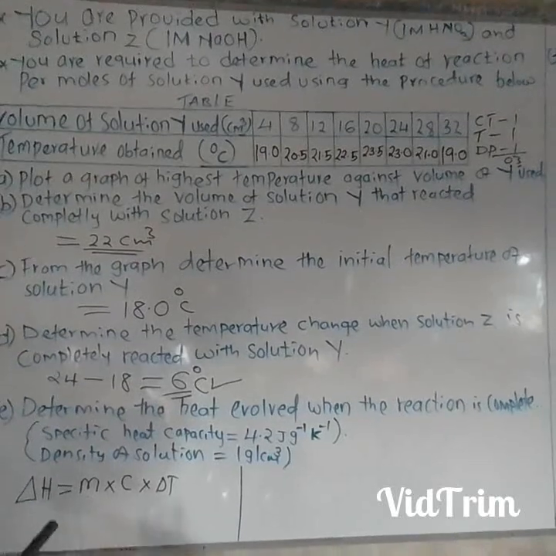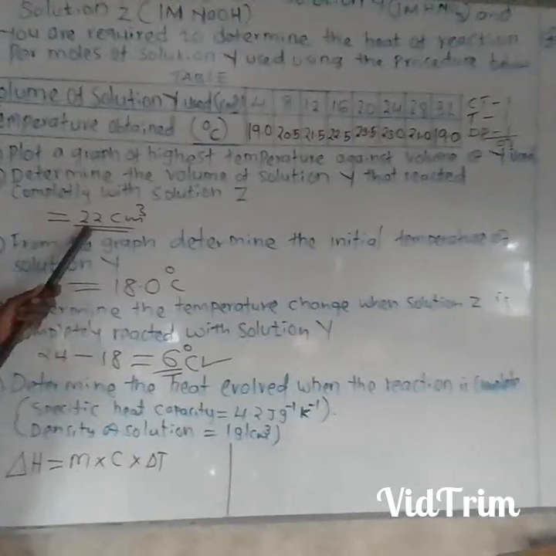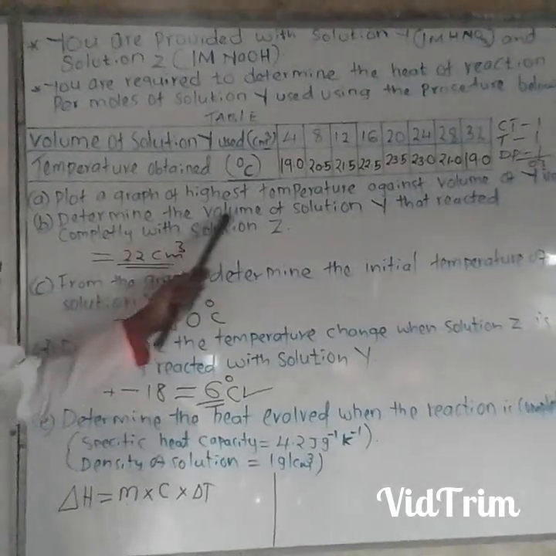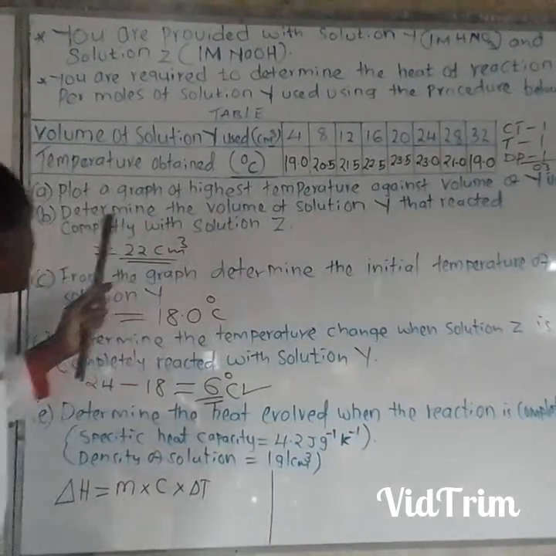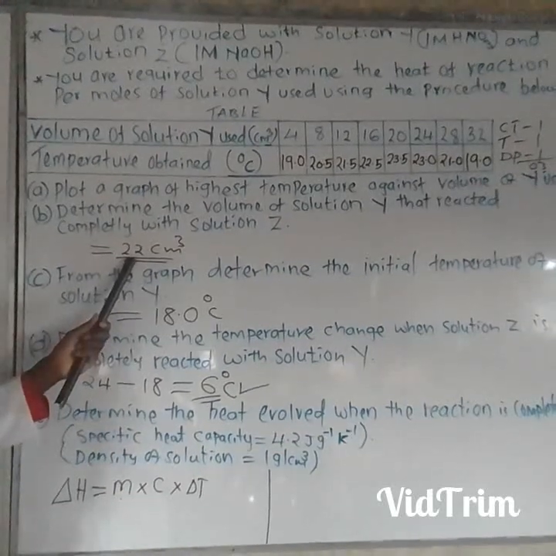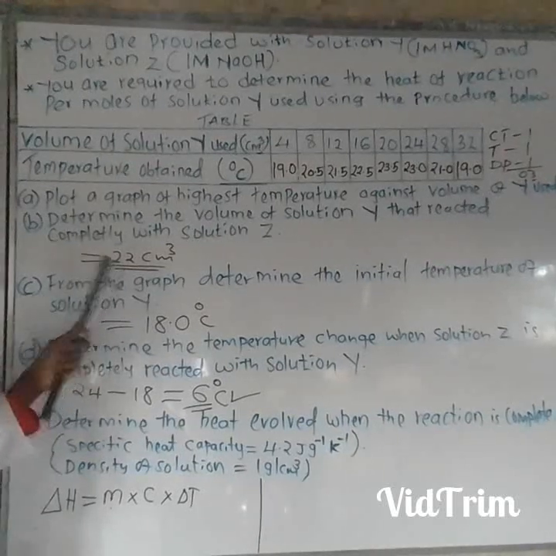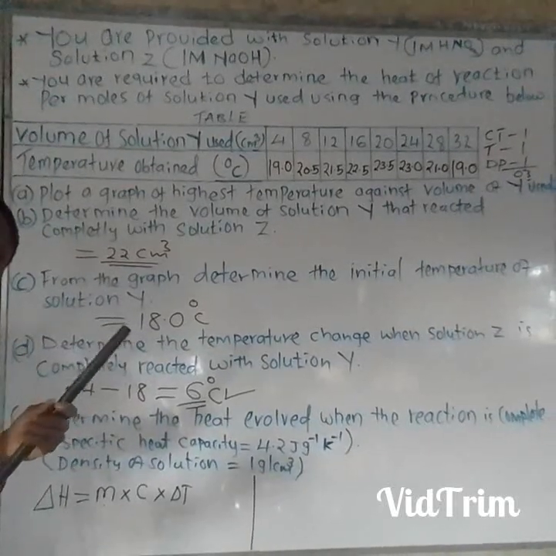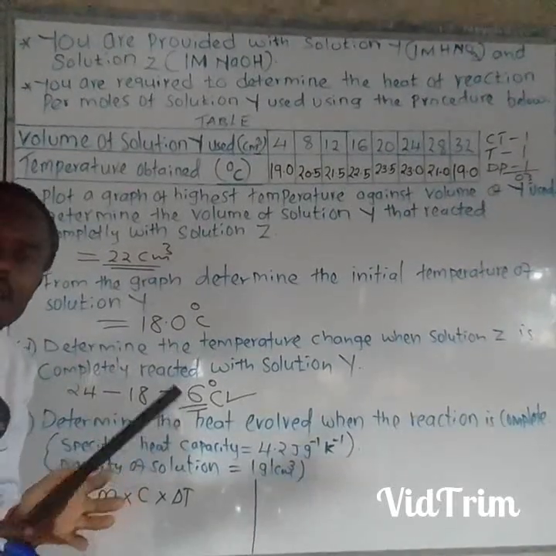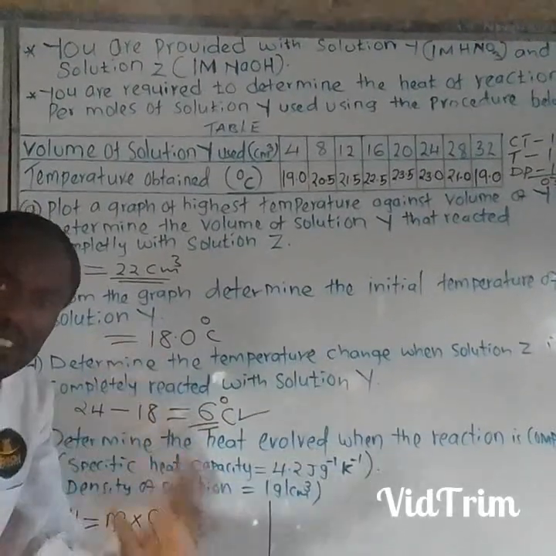Which solutions? Remember, we determined the volume of solution Y that reacted completely with solution Z. The volume of solution Y that reacted completely was 22 centimeter cube. From the procedure, the volume of solution Z measured initially was 20 mL.